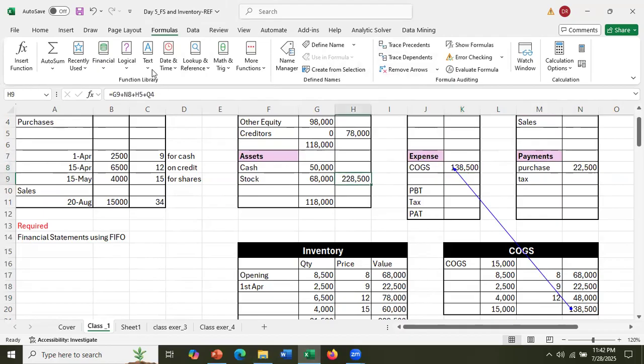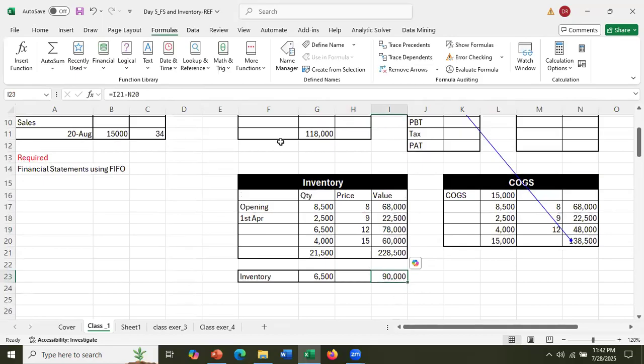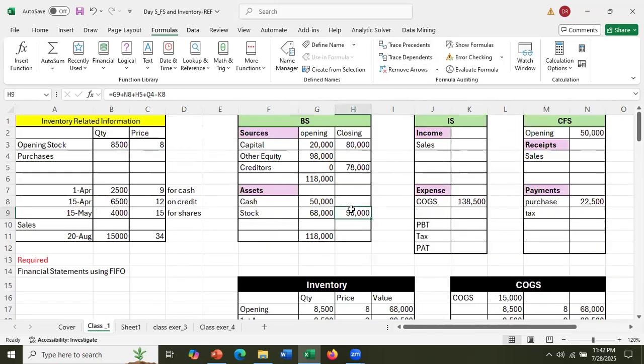But because COGS has come down, the inventory will reduce to the extent of the goods sold. We can see that inventory available is 90,000. Purchases minus COGS is the inventory, which we have also seen here, 90,000.